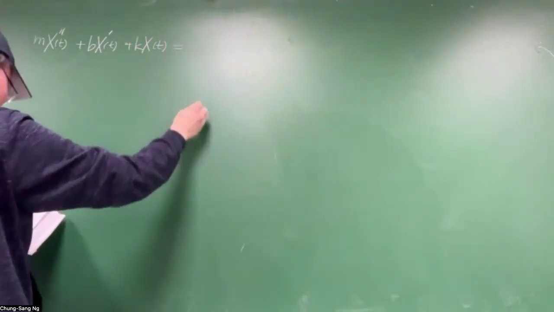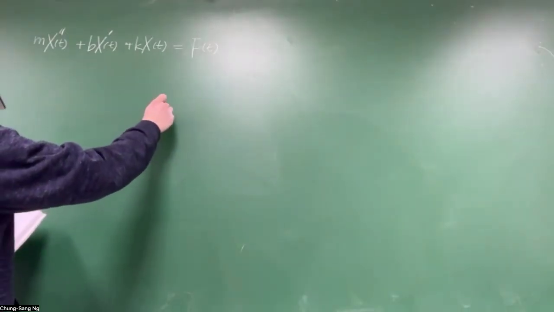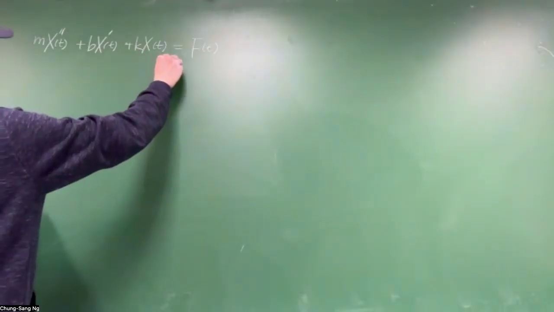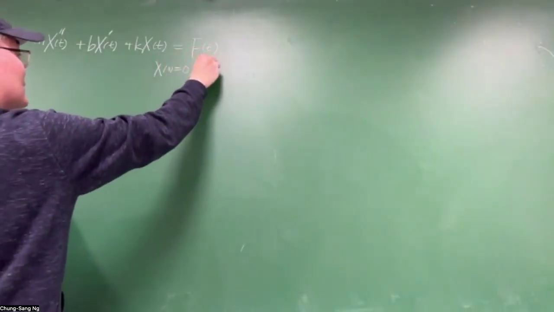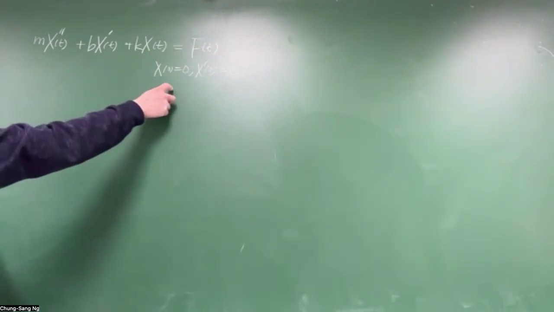Now you add the right-hand side, the forcing function as a function of t. Okay, and then the initial condition is simplified now to x(0) is 0, just start from 0 location, and then the velocity is also 0. So that makes it a little simpler. But then because of the right-hand side, it still needs the convolution to get the solution.